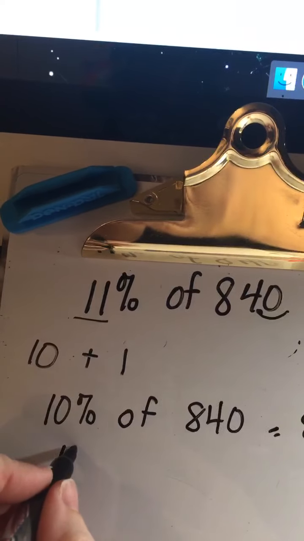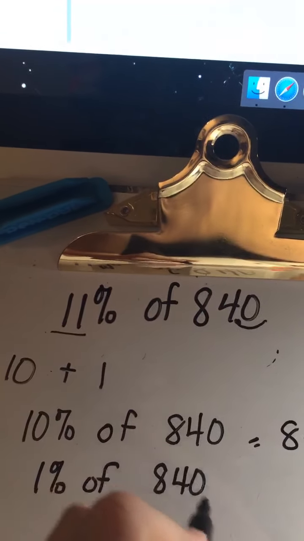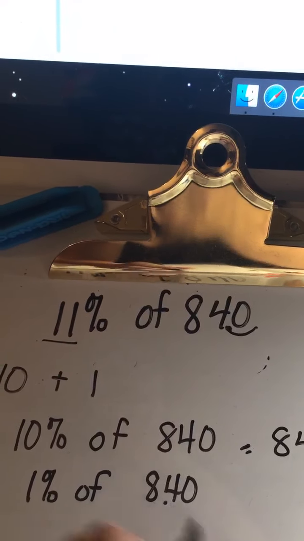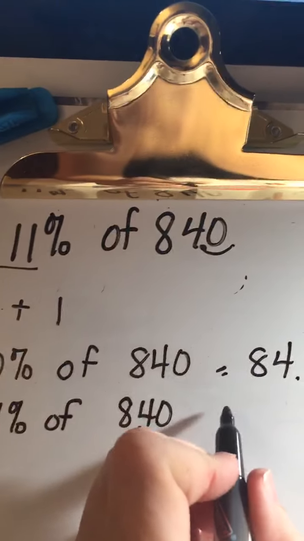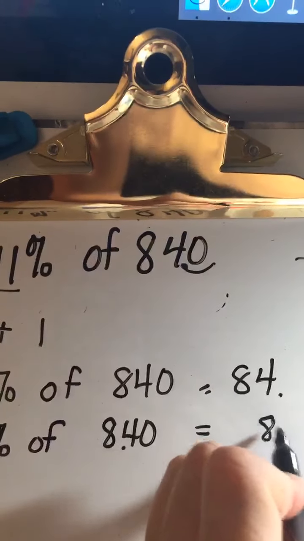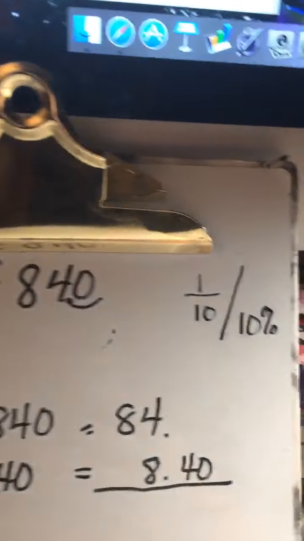What would 1% be? Well, you're just going to move the decimal point 2 places to the left. Okay, so that is 8.40. I'm not talking about dollars.